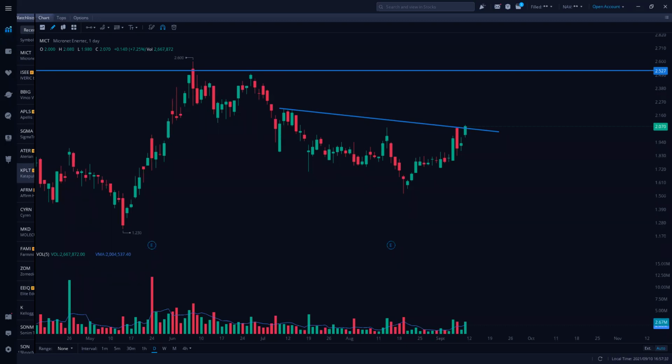Reading the tape. Basically, you would look at time and sales. You want more buys than sells. And if you look at level 2, you want to see the ask go down, or you want to see the ask be less than the bid. You want to see more buyers on the bid side, because that shows buyer support.